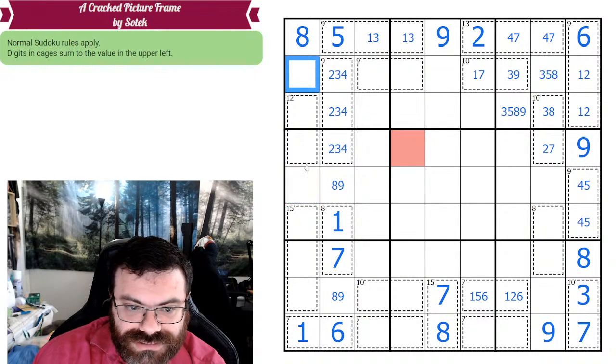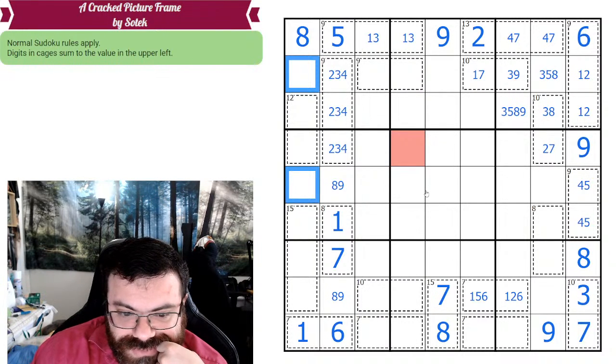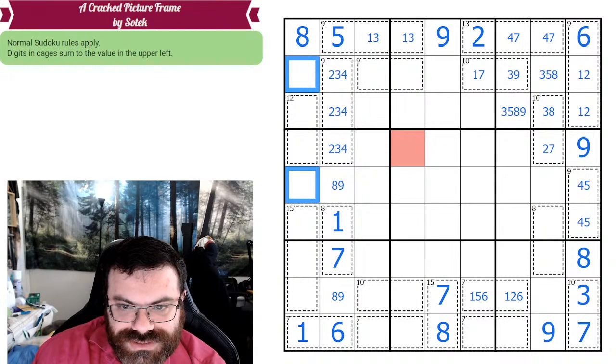These add to 9. That had the most options. It can't be 1, 8, so it's 2, 7, 3, 6, or 4, 5. I don't think I can rule out any of that.